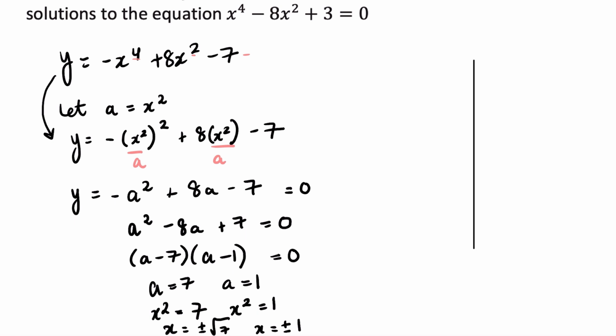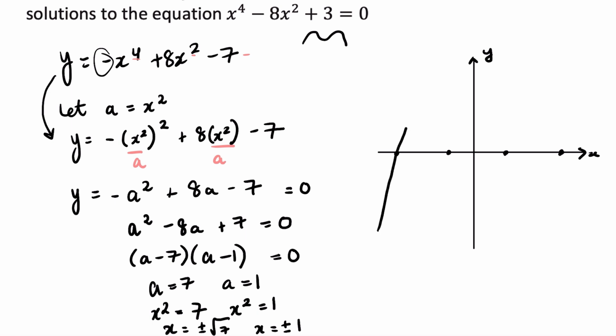Now, I'm going to go ahead and start to graph this function. So it looks like it's going to be quite a symmetrical graph. One thing to note, of course, it is a negative, so it's going to be an upside down W. It's going to look like that. We're going to have an x-intercept at negative root 7, -1, 1, and positive root 7. So we'll see how nicely I can draw this as symmetrically as possible.